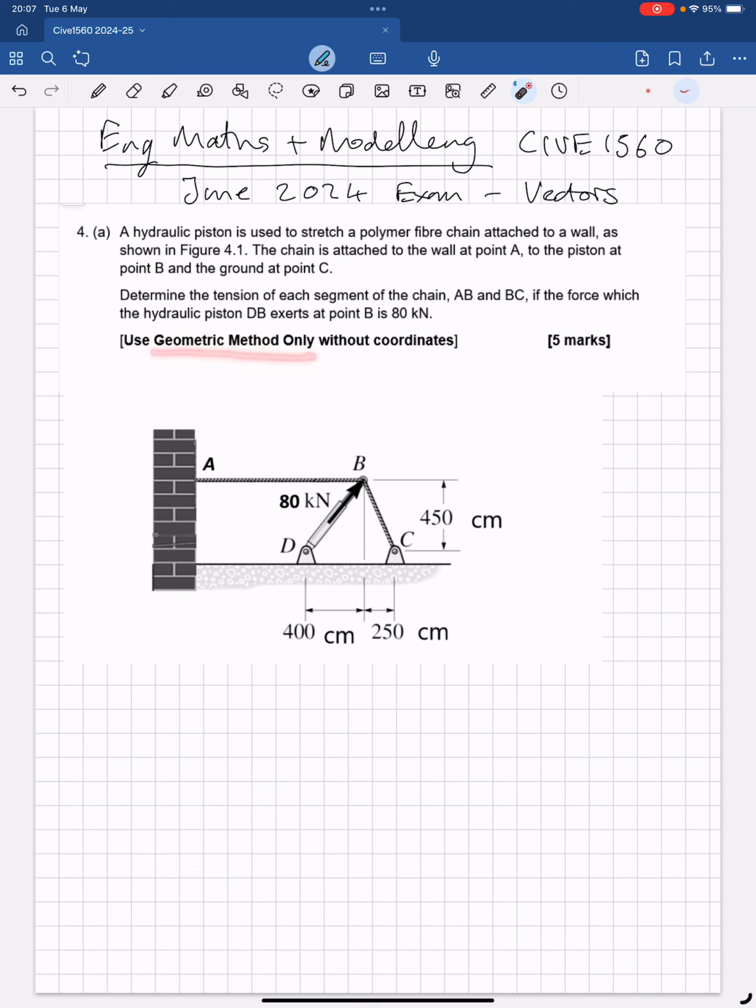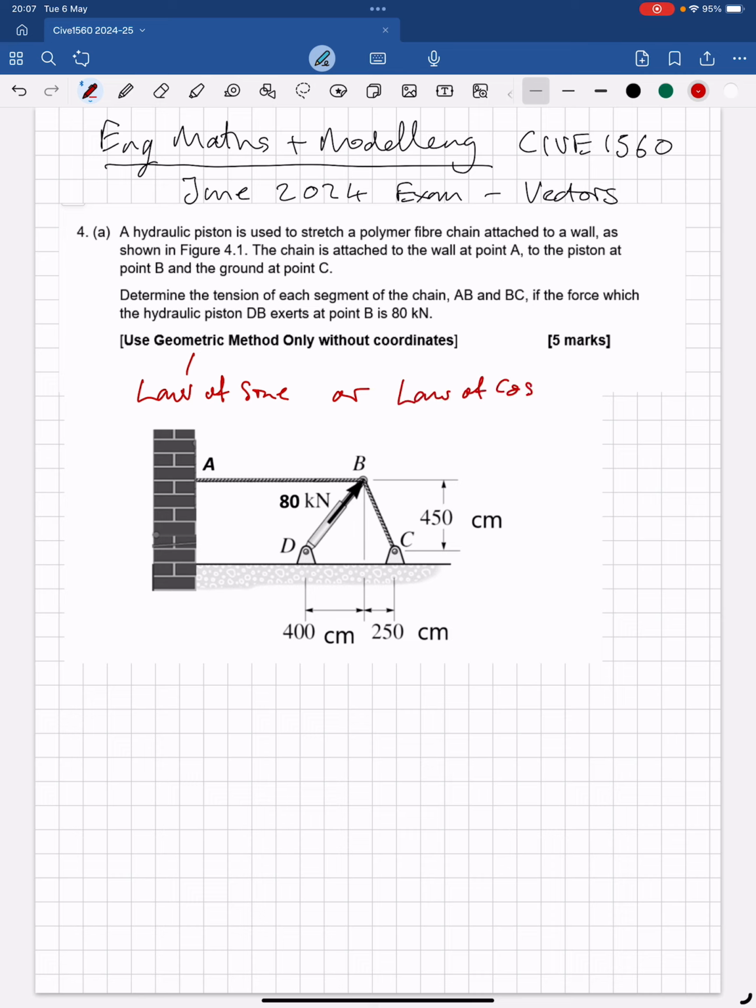What we don't want is to use coordinates where you're resolving forces, etc. What you want to see in this question is a question that uses the law of sines or law of cosines, and we'll get onto those in a moment. So remember that. Geometric means law of sines or law of cosines in this exam.